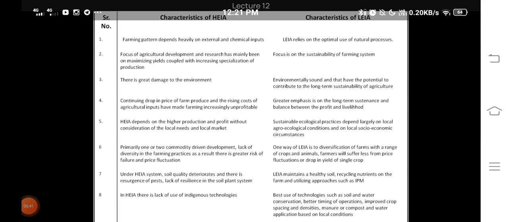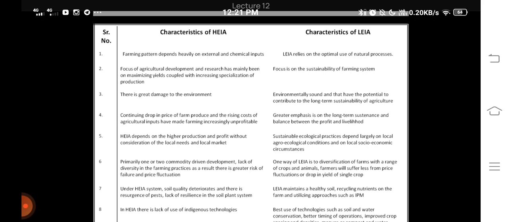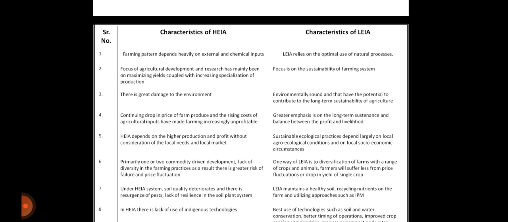What is the difference, or characteristics, between high external input agriculture and low external input agriculture? First one, the farming pattern depends heavily on external and chemical inputs in high external input agriculture. In low external input agriculture, it relies on the optimal use of natural resources.